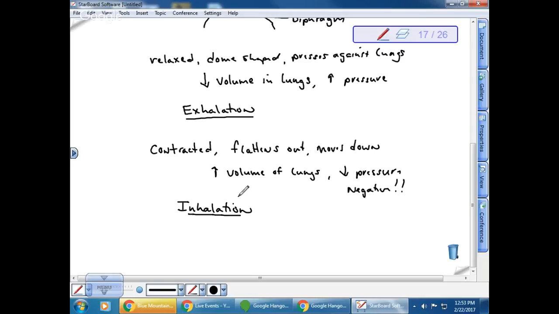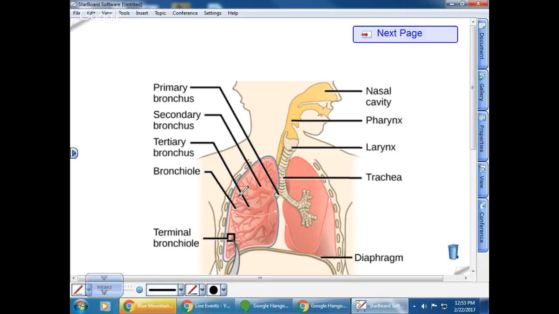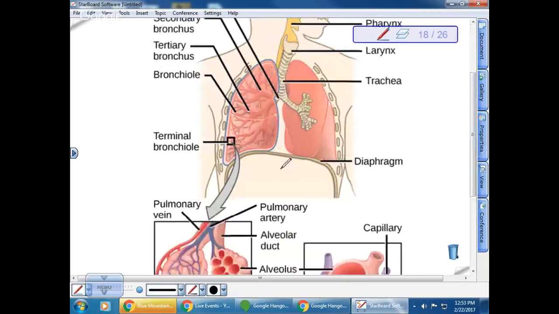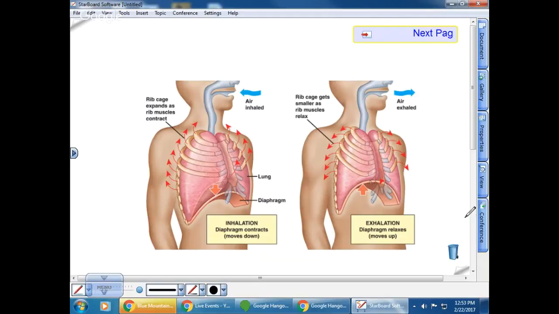So in your book, they have an image of that. Okay, so this is the diaphragm again. They also talk a little bit in your book about the role of the rib cage in inhalation and exhalation.